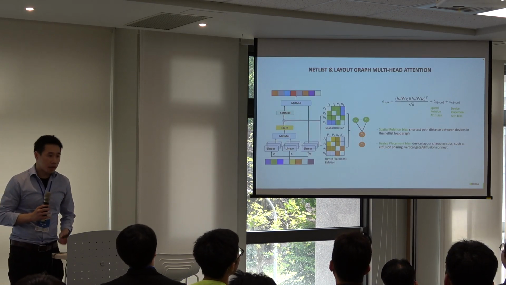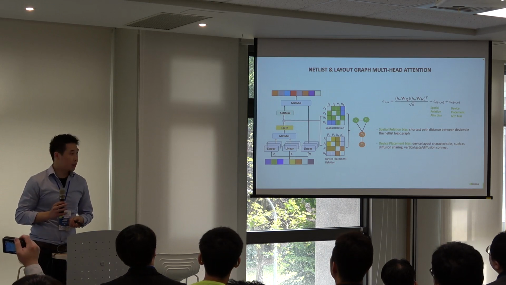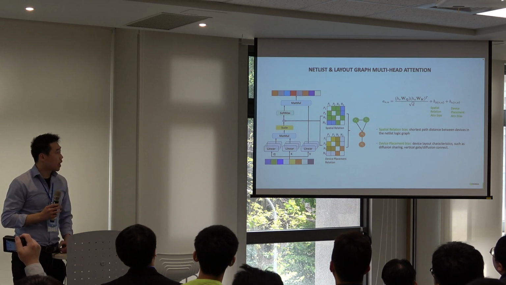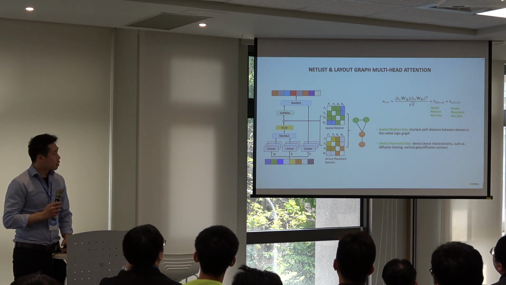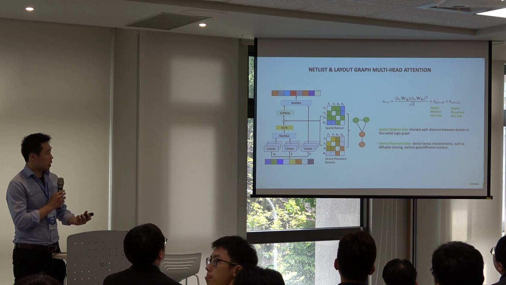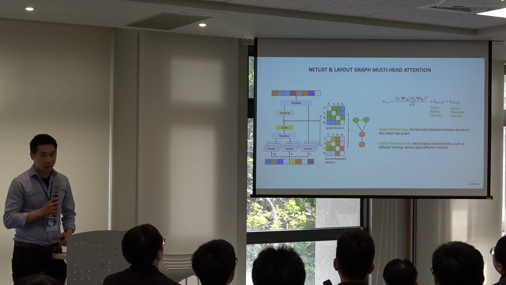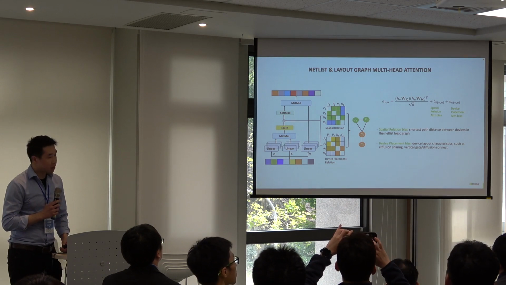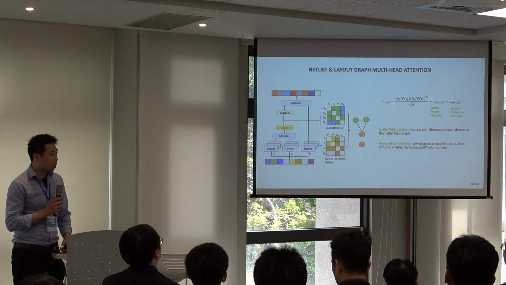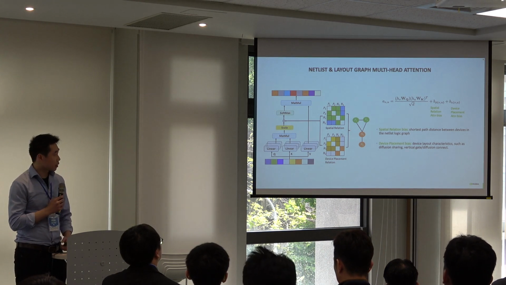Inside the transformer, what we did is a netlist and layout graph multi-head attention mechanism. Besides the basic self-attention, we add a spatial relation attention bias and a device placement attention bias to generate high quality clusters considering the layout effect.